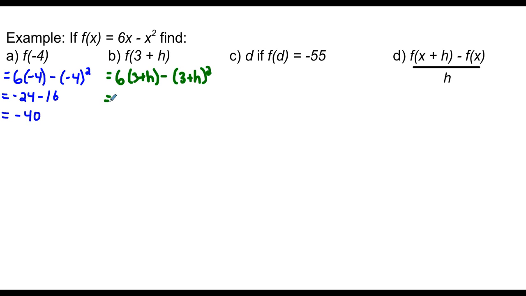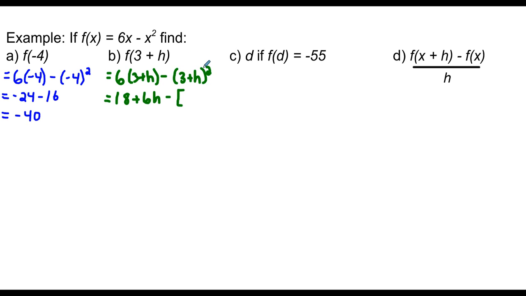When I continue to solve, I'm going to have to make sure that I follow my BEDMAS rules. So I will distribute the 6 into this bracket, and I will get 18 plus 6h minus, and I'm going to put a bracket around this entire thing.